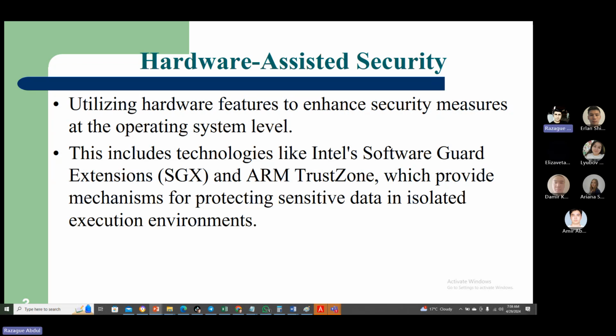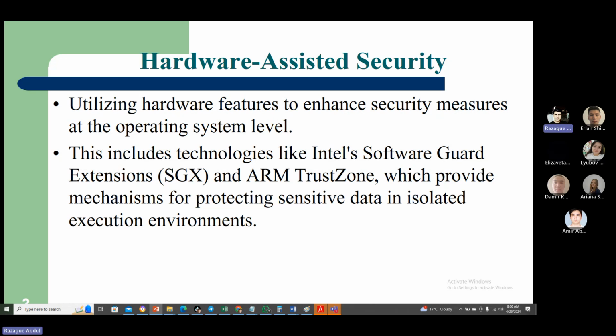This dual environment setup is important for tasks that require strong security measures such as mobile payment, secure boot, and device authentication.